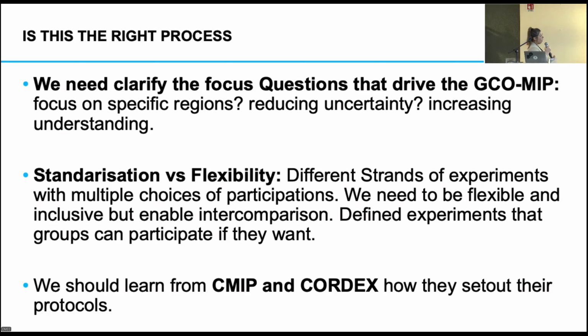So let's say that a group comes and says, I have this available, and this is how I do it, but I want to participate. Sure, you can participate in a more open strand, and then have some other strands that are more well-defined, and some groups can say, look, I'm doing an ensemble of experiments, and if you let me know what exactly you need, I can include an experiment that will allow the intercomparison with other people.